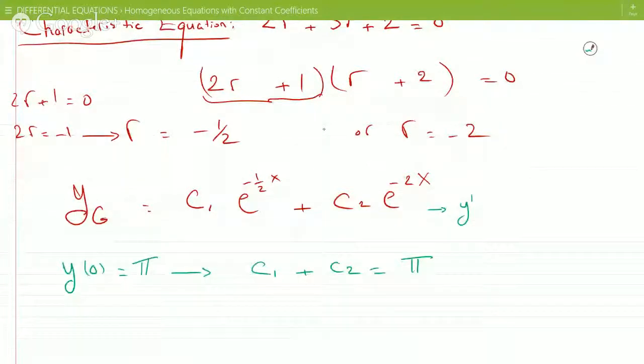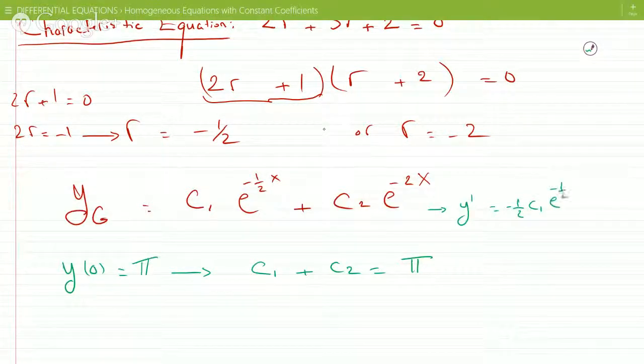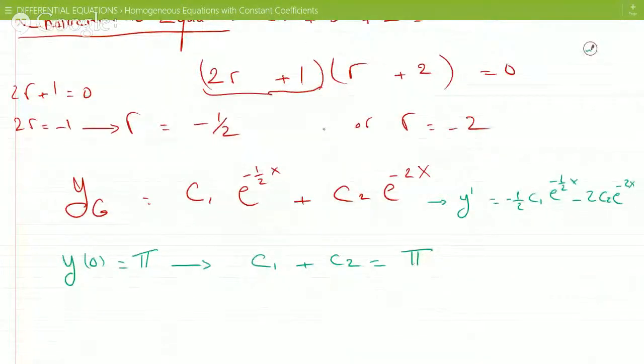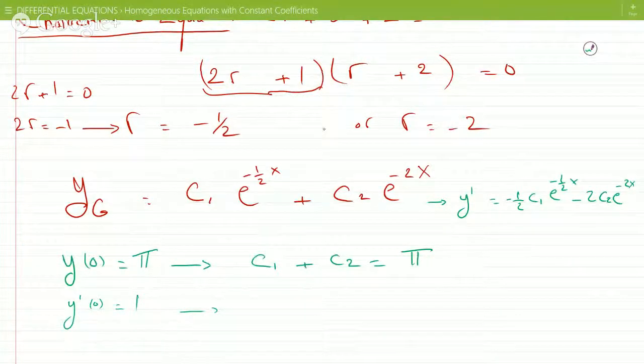So y prime is equal to minus 1/2 C1 e to the minus 1/2 x minus 2 C2 e to the minus 2x. And we know that y prime of 0 equals 1. So that means when x is 0, y prime is 1. So that gives us minus 1/2 C1 minus 2 C2 equals 1.